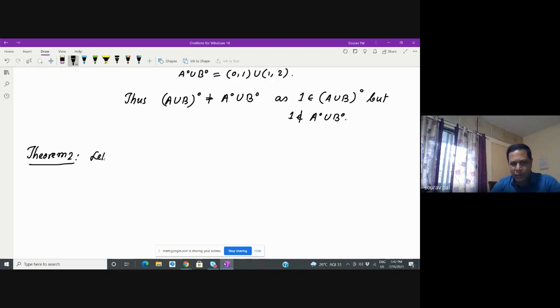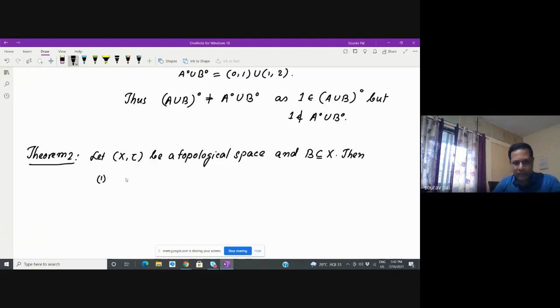Once again, we are in the usual setting: we have a topological space and we have a subset.